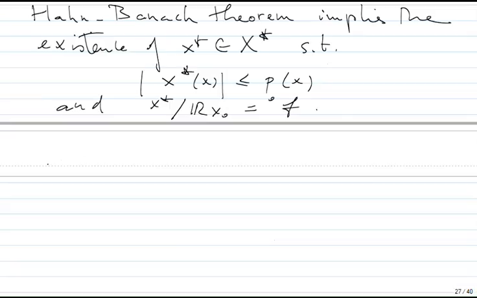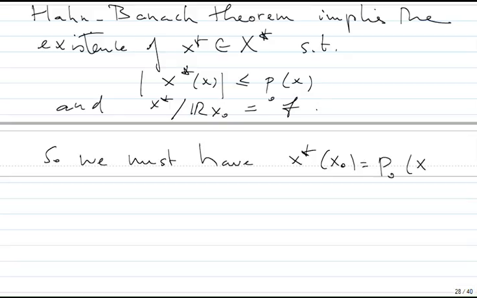So we must have x star of x0 equal to P0 of x0.